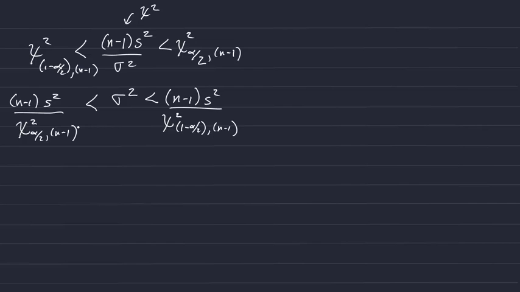Just for reference, the parallel equation for the mean was: mu was less than our estimate x bar plus the absolute value of z sub alpha over 2 times s, and it was greater than x bar minus the absolute value of z sub alpha over 2 times s.